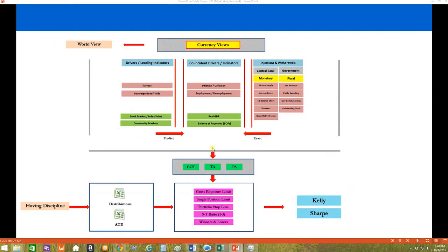So this entire area is basically how we obtain trade ideas in currencies. This is the major part of our entire systematic process. We're going to be going into great detail of how we actually generate ideas by looking at all of these drivers here.